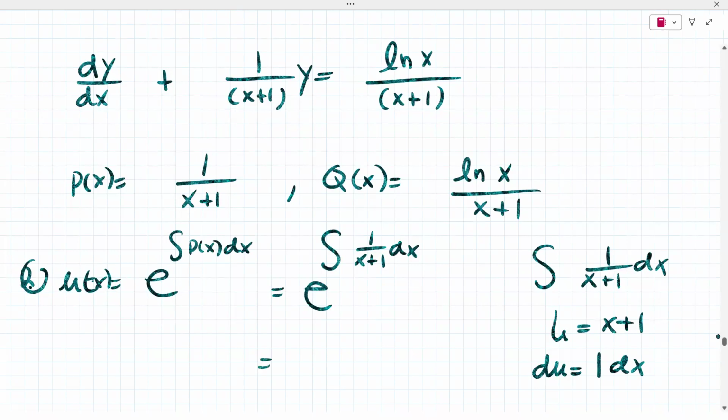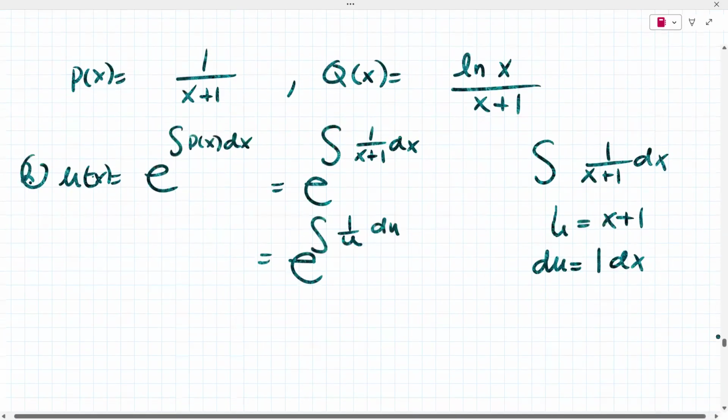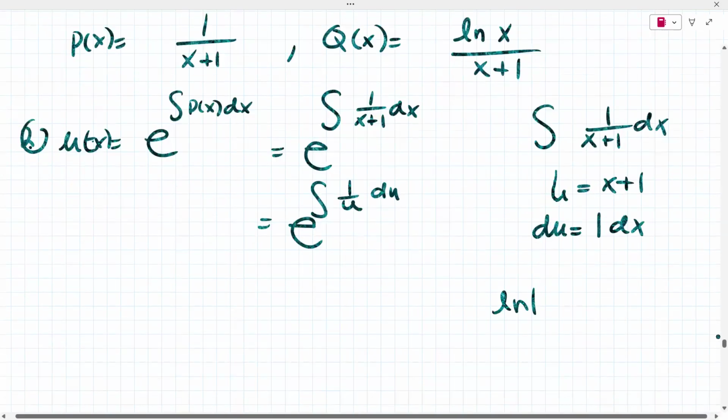So this is going to be the integration of 1 over u du. And then we know that that's going to be the ln of x plus 1.